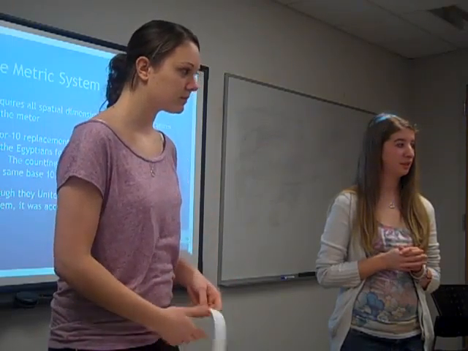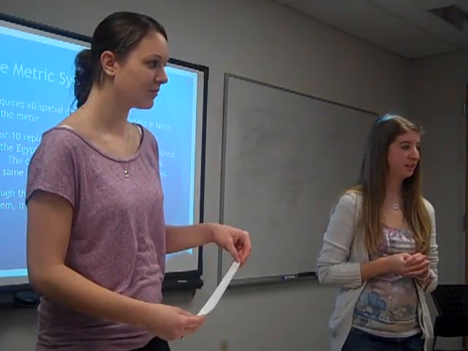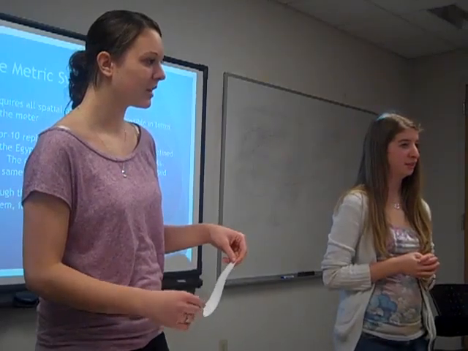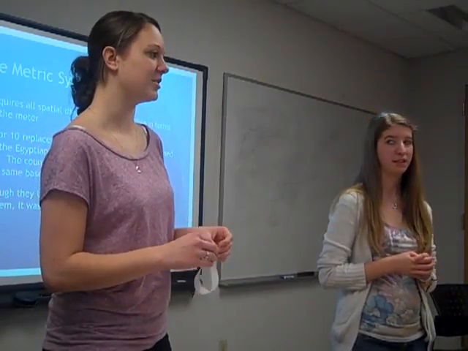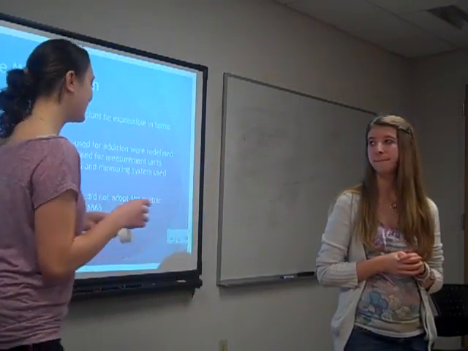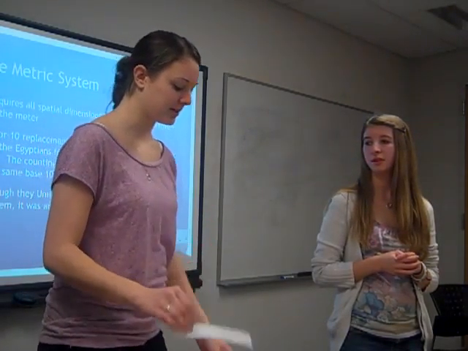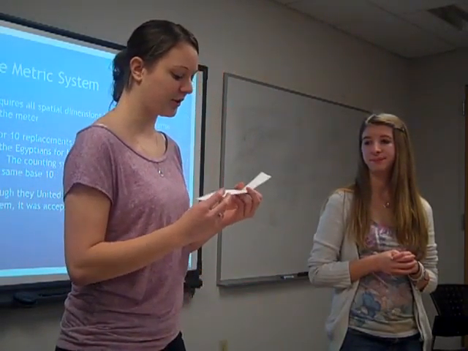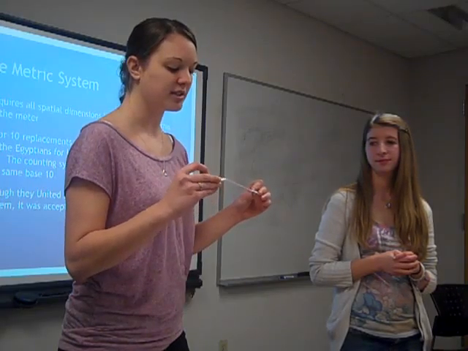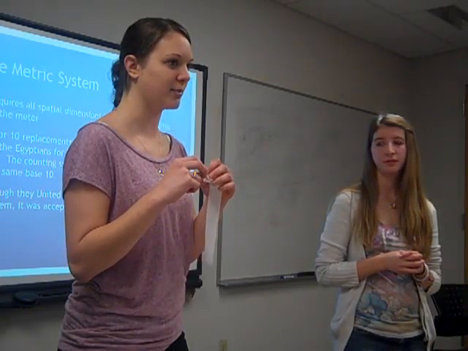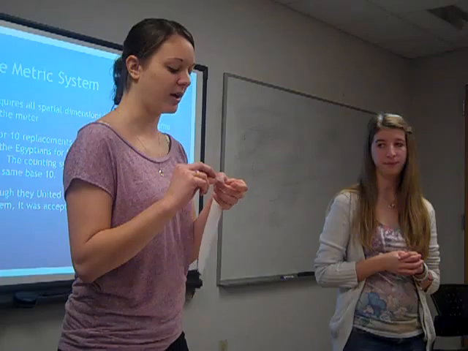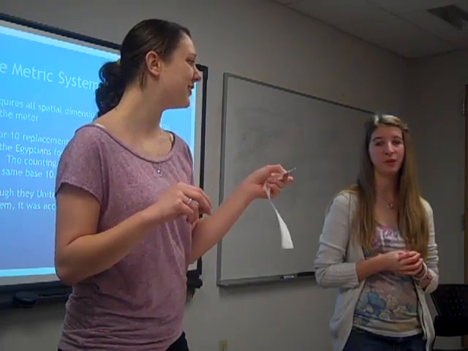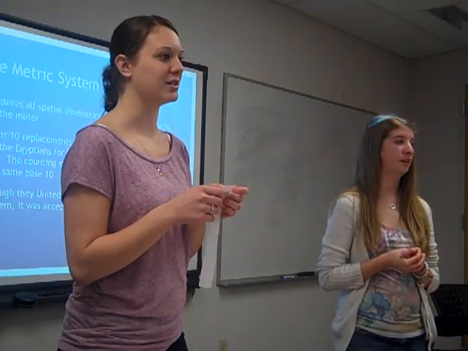Why do we use inches and centimeters when centimeters don't really line up with inches? That's a great point that Lauren just brought up: if you look at your English ruler with the inches and the centimeters, there's never an exact match-up to an inch. It's about 2.54 centimeters to an inch.